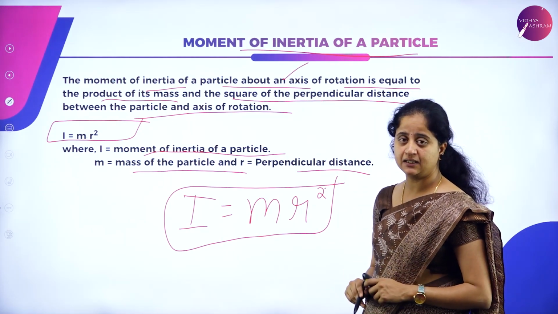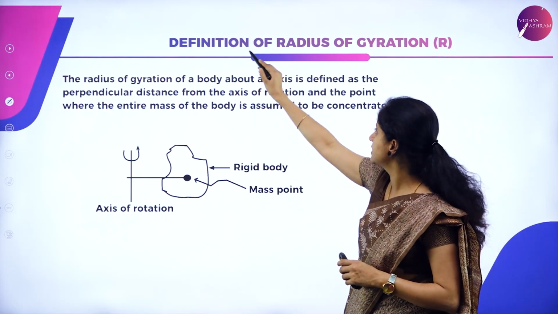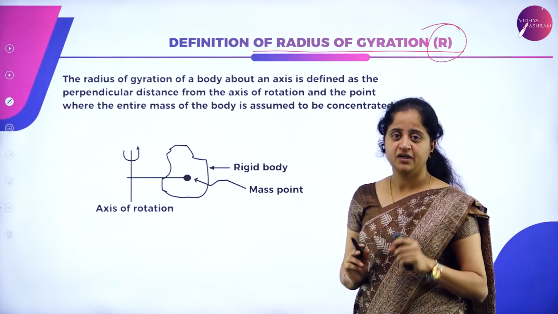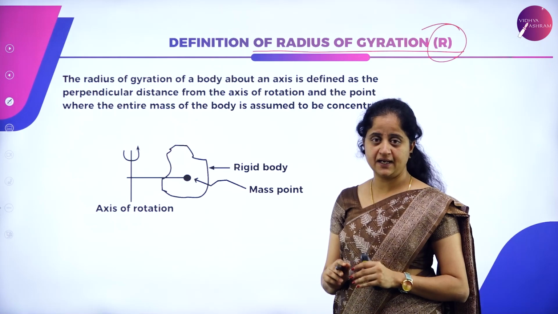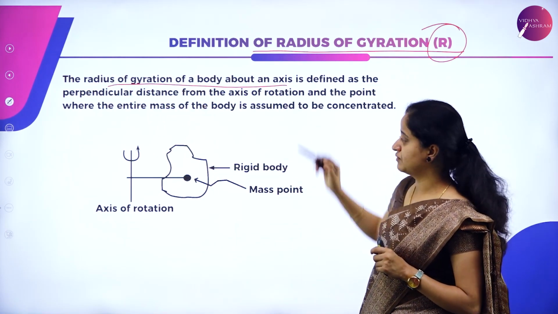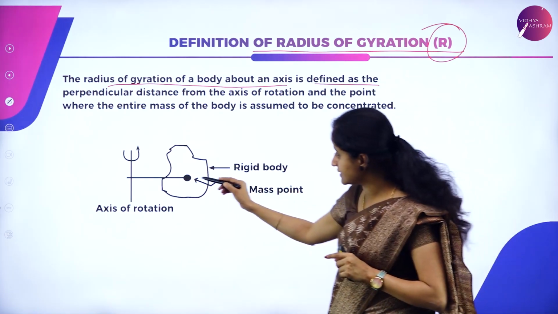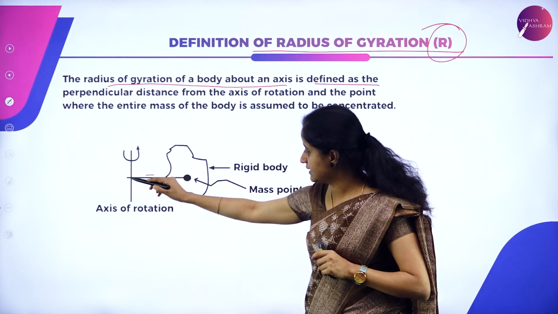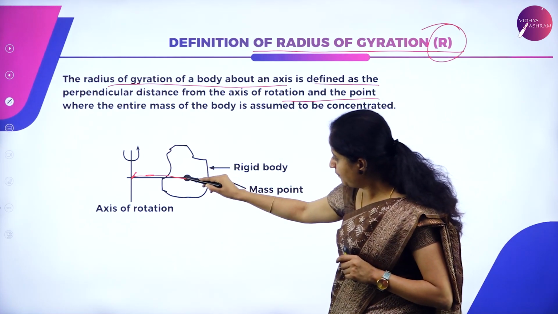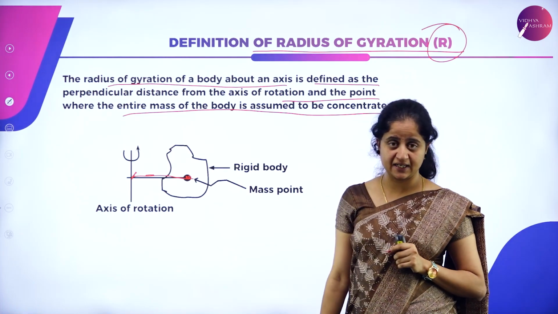So the next and the last term which is related to rotational motion is radius of gyration. It is denoted by the letter R. What is the meaning of radius of gyration? How to define it? The radius of gyration of a body about an axis is defined as the perpendicular distance from the axis of rotation to the point where the entire mass of the body is assumed to be concentrated.